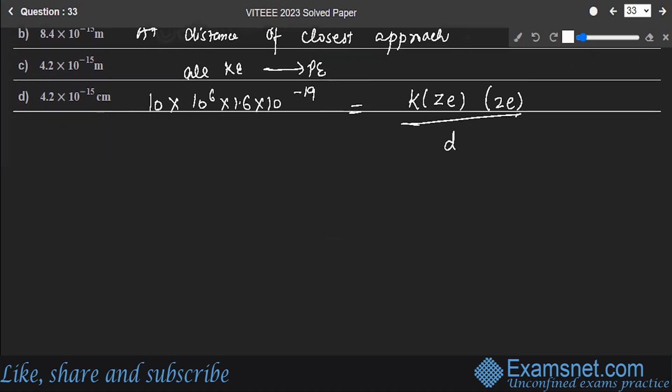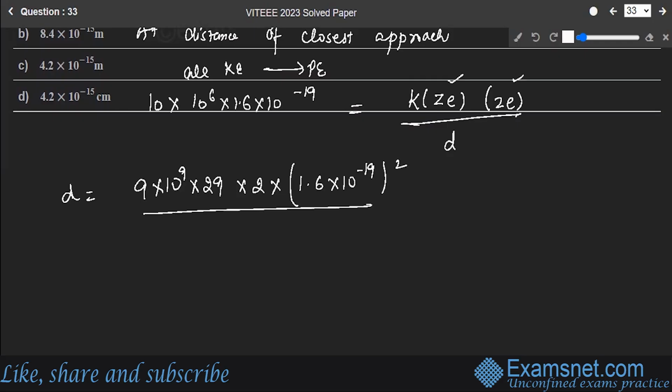You have to find the distance. So d is equal to K into atomic number 29 into 2 into electron charge 1.6 into 10 raised to power minus 19 e square, because you have 2e, divided by 10 into 10 power 6 into this. So this thing and this thing will cancel.